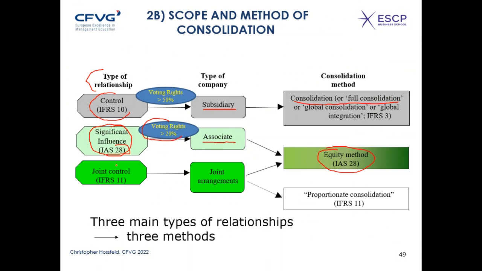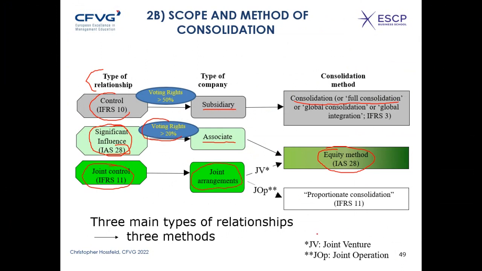Third type of relationship, joint control. Okay, so that means a limited number of shareholders together control a third entity. Then no one has the power to decide alone. We need unanimous voting, basically, between the limited number of shareholders. Then the company that is controlled jointly is called a joint arrangement.